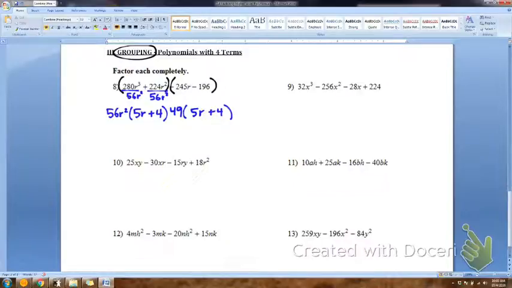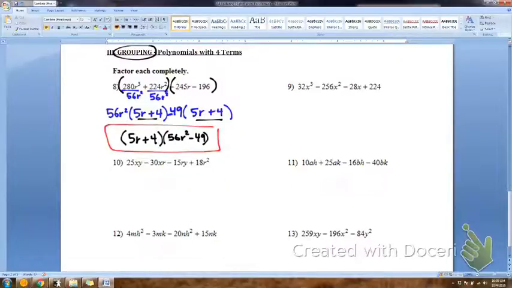But it's a negative 245, so I'm going to pull out a negative 49. And then let's double check, what's 196 divided by 49? It's 4. So now that we have like terms, a common factor, they go in one parenthesis, and then the next parenthesis is 56r squared minus 49.